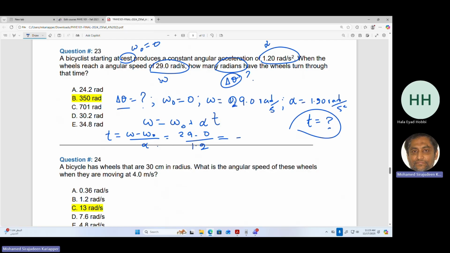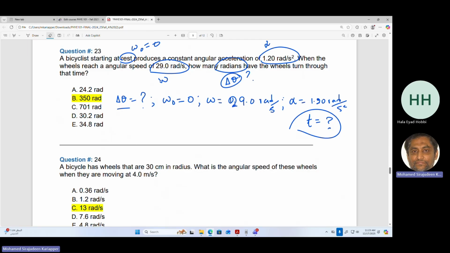Right. Okay, no problem. So I don't have to waste time doing all this, because the question is to find delta theta. So I took the wrong equation. I didn't do any incorrect solution. The solution is correct for the time, but I just wasted my time calculating it.